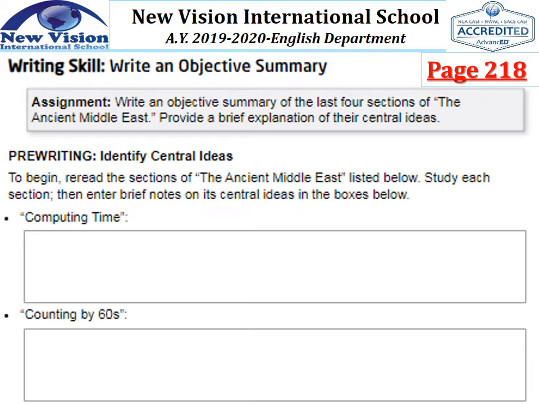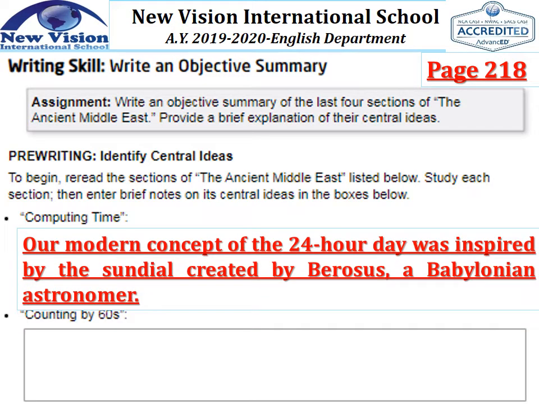Alright, students. I have made for you the first section from the text, The Ancient Middle East, which is computing time. As a sample, I have written, our modern concept of the 24-hour day was inspired by the sundial created by Berosus, a Babylonian astronomer.